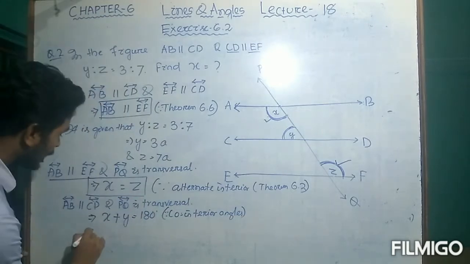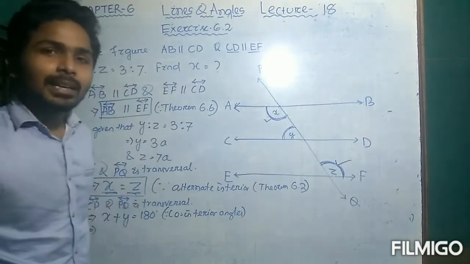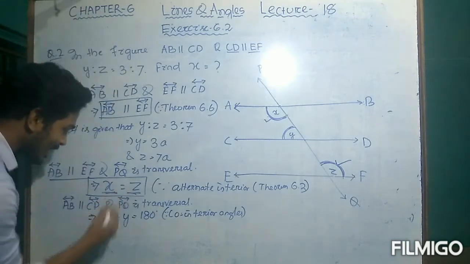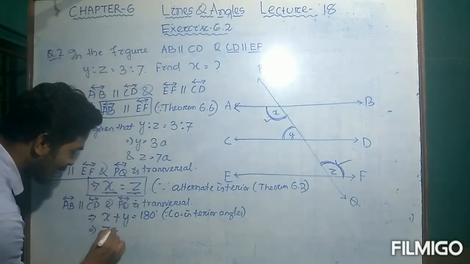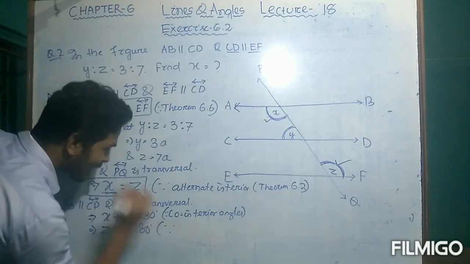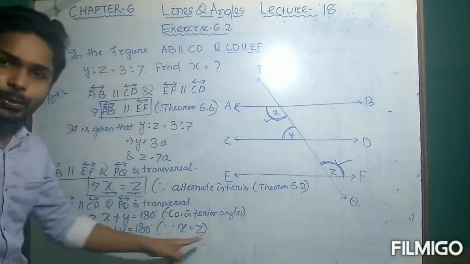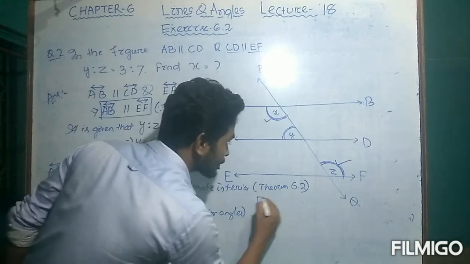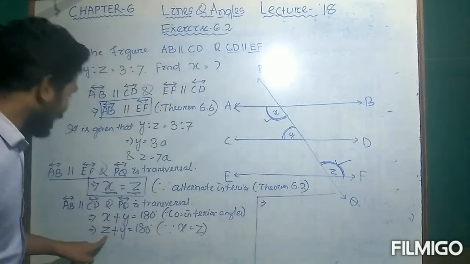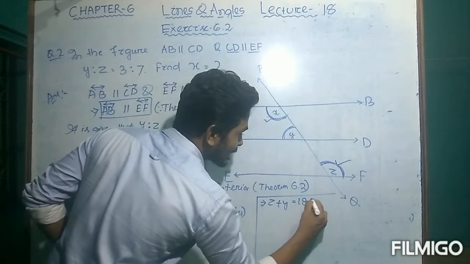Now, as you have found that x is equal to z, in place of x we can substitute z. So we can write z plus y is equal to 180 degrees. You also have to write the reason that x is equal to z. Understood? Next. So here we find z plus y is equal to 180 degrees.